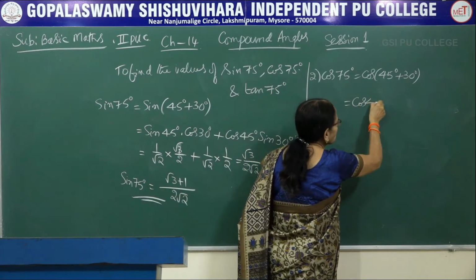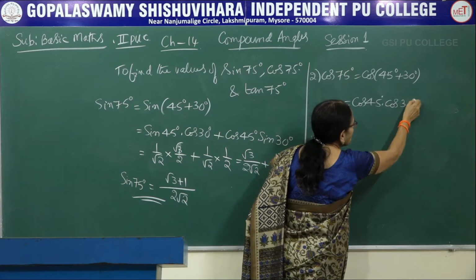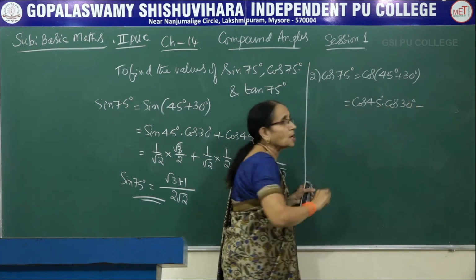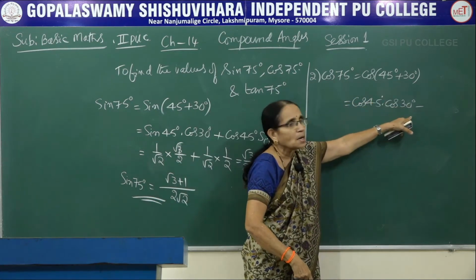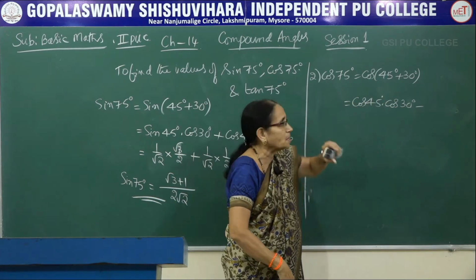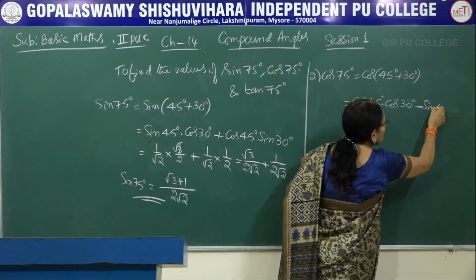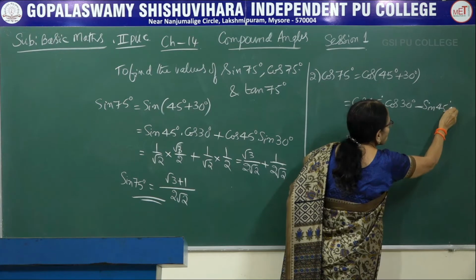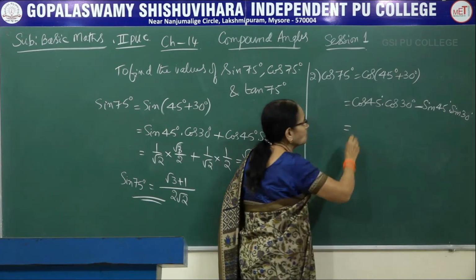Cos of the first angle into cos of the second angle. It is purely a cosine product, minus. Here when you have a positive sign, the right hand side contains the negative sign. Again, both of them are sine ratios. Sine 45 into sine 30. Again, these are all standard values.